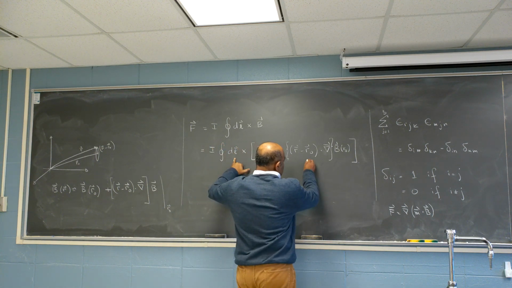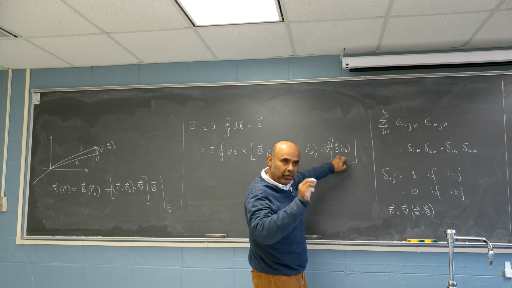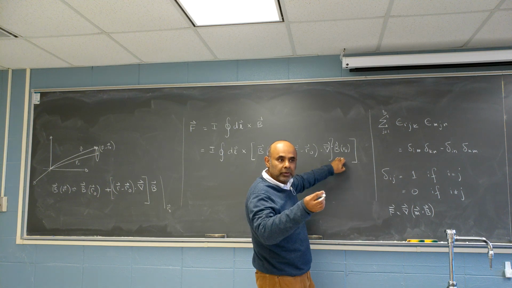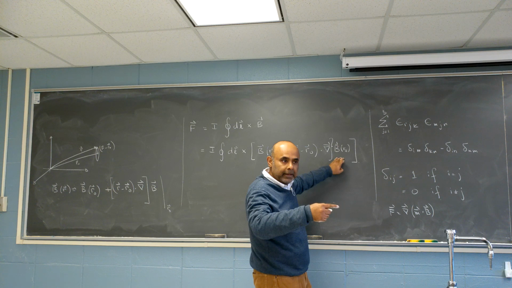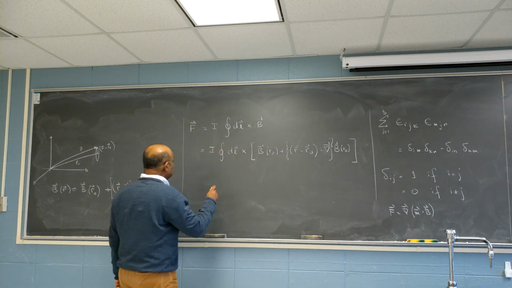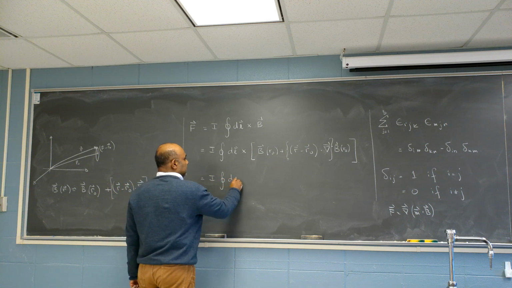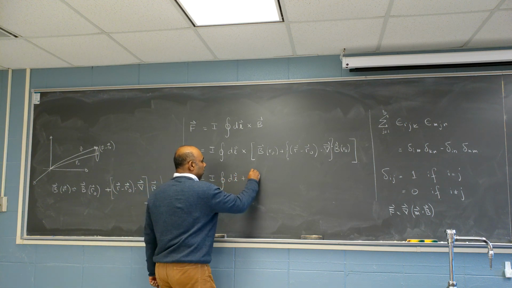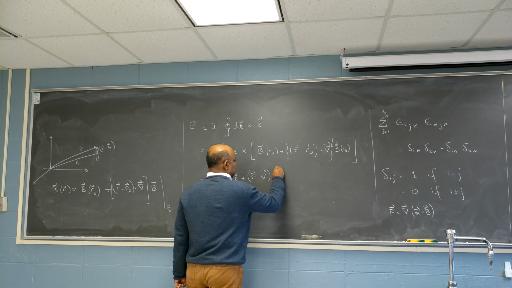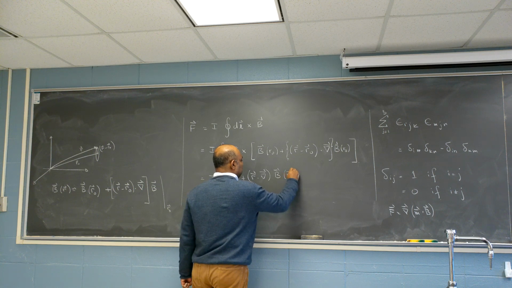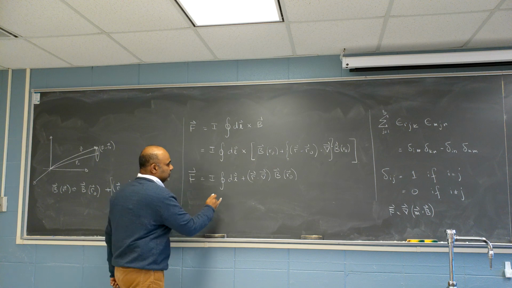So you're taking the derivative at the origin, if you will, at the point R0. And then when you go through the integral, it's not changing. So that term goes away. The only term that survives is I dL cross (r dot gradient) B, evaluated at the point R0. I'll stop here. Oh, this is a cross product.